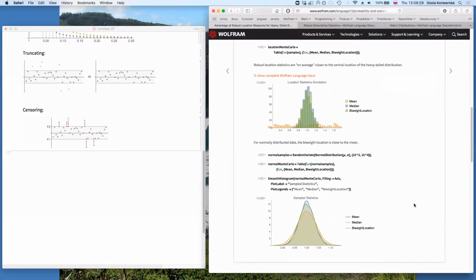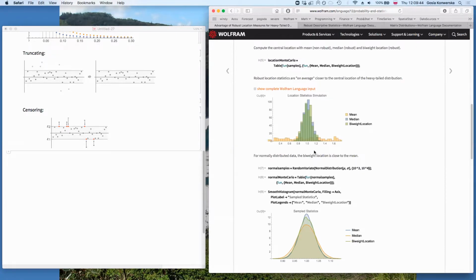When you compare to the same statistics on normal data, you see they're all behaving the same, they're all together. And this shows us that the median and biweight locations behave better for heavy-tailed distributions.